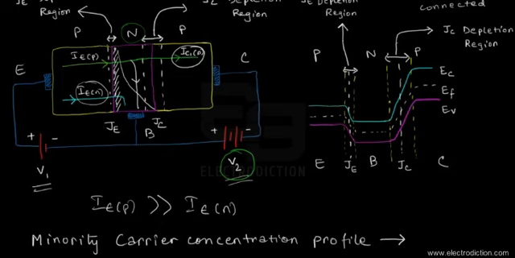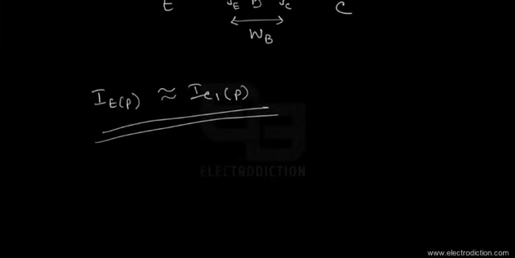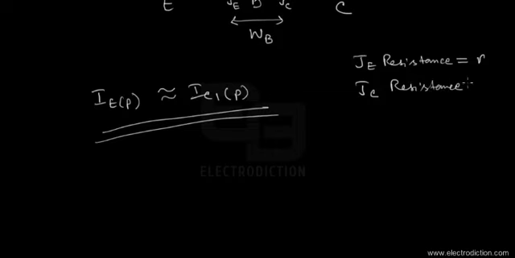So if we take the emitter junction resistance, JE resistance, to be equal to small r, and the collector junction resistance to be capital R, then obviously capital R is greater than small r.